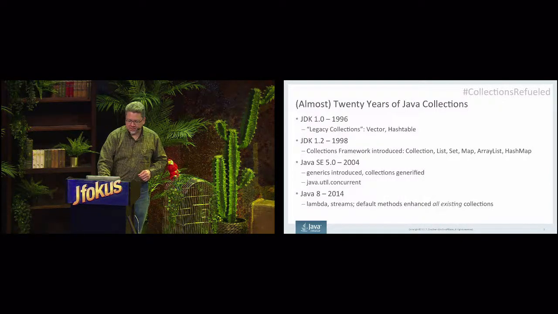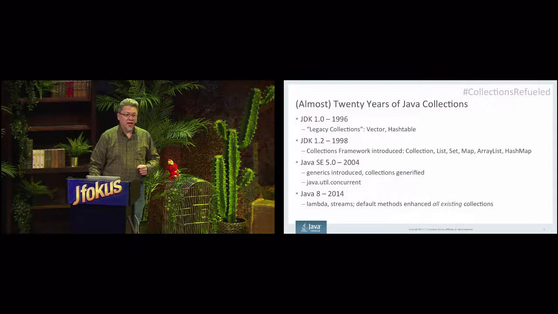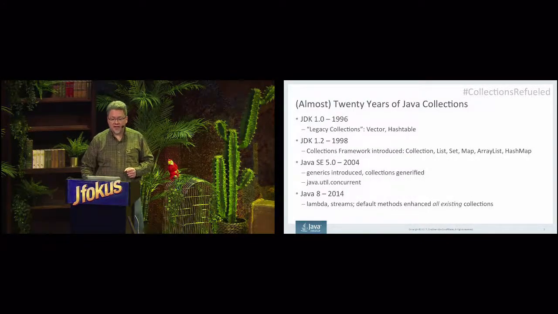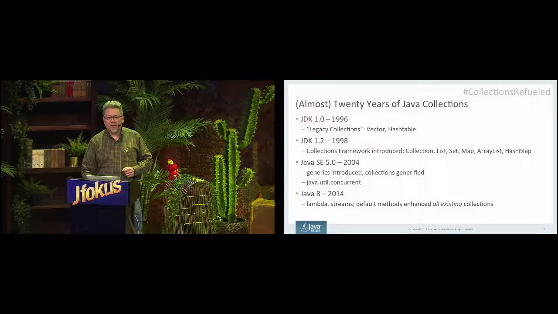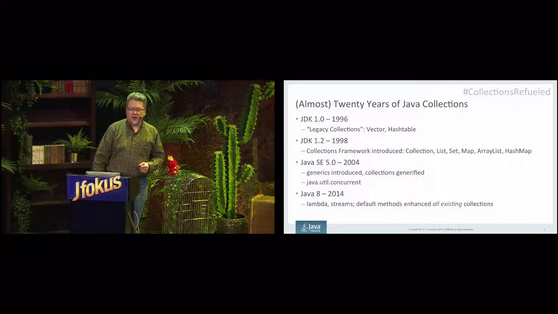All right. So here it is, almost 20 years after the collections framework was introduced, and I think it's still going strong. It's still heavily used today, used daily in programming, and still useful and, I think, well designed. The design has stood the test of time. What's interesting about this is that we are still evolving the collections framework.